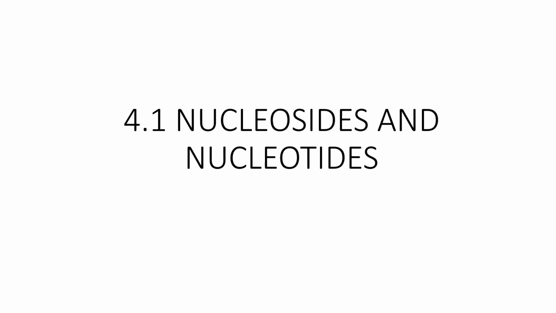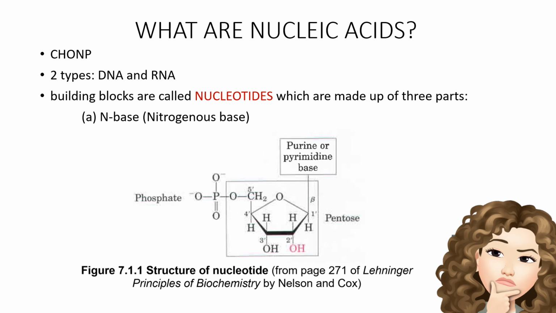4.1 Nucleosides and Nucleotides. So we start with what are nucleic acids? So nucleic acids are composed of the elements CHON-P or carbon, hydrogen, oxygen, nitrogen, and phosphorus as discovered by Friedrich Miescher. And there are two types of nucleic acids. We have DNA or deoxyribonucleic acid and RNA or ribonucleic acids.